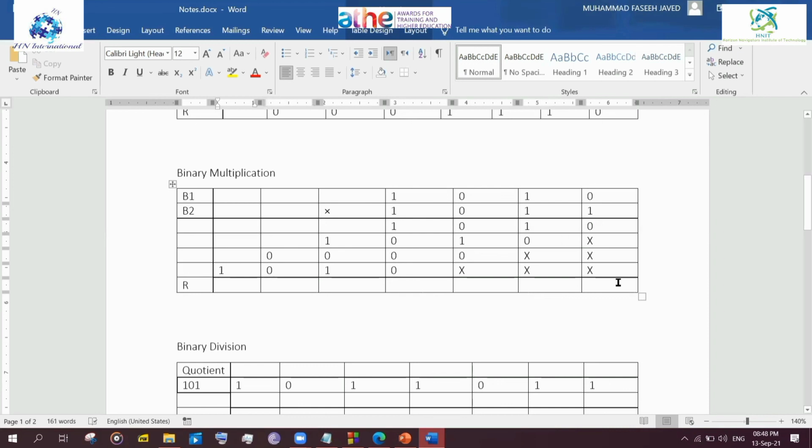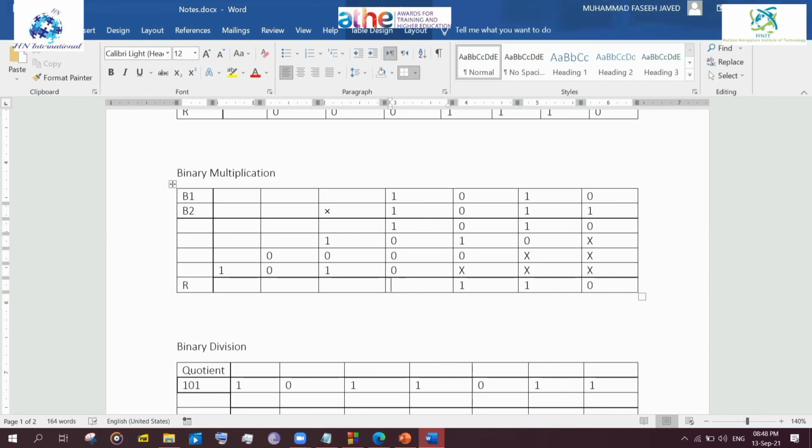Now here, I want you guys to do the addition. Just keep telling me the number that would come here and I would keep writing. Anyone? 0. Okay, 0. 1. 1. 1. 1.